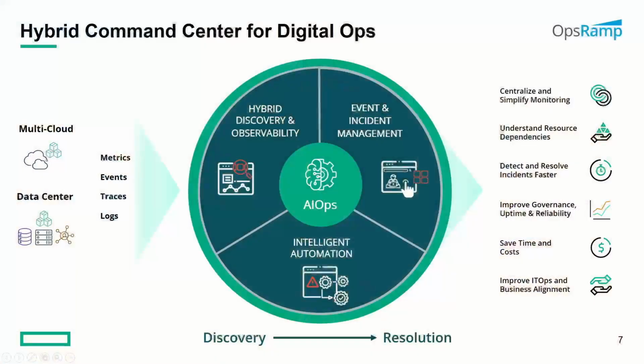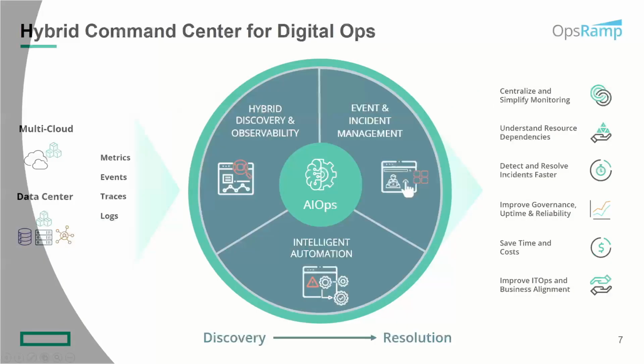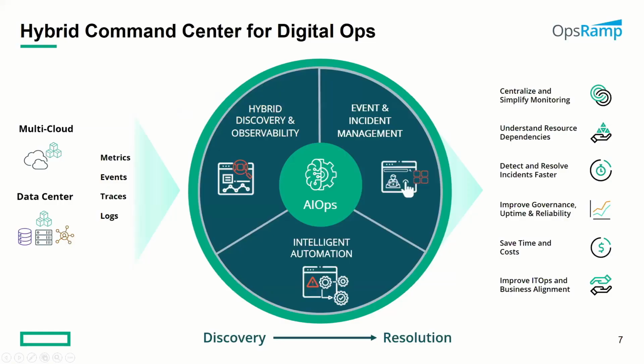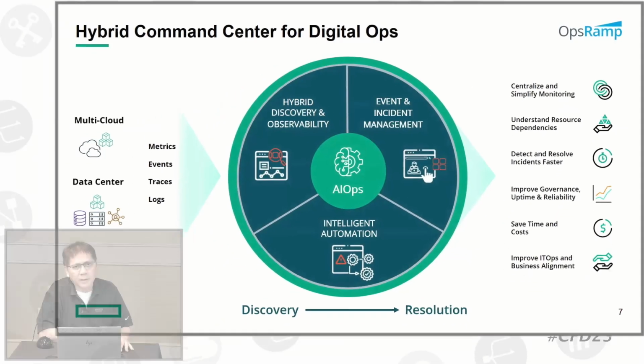We're like a mile wide, grabbing all those signals. And this wheel diagram really emphasizes all the things that we do together, not just monitoring: event management using machine learning, incident management, and automation, all in a single unified platform.